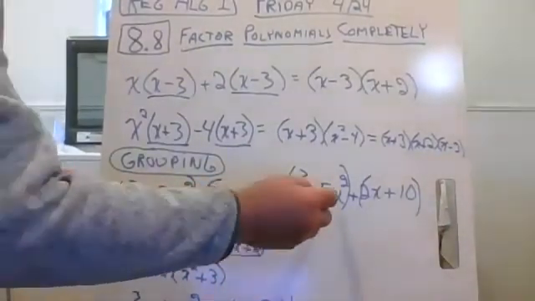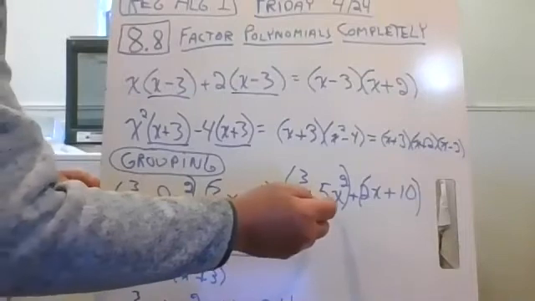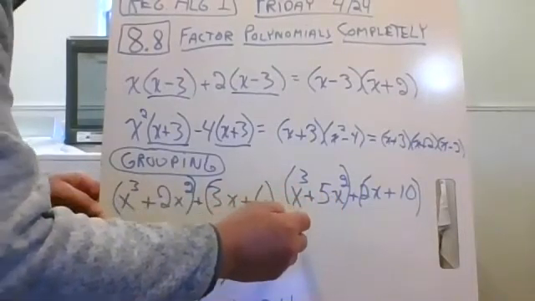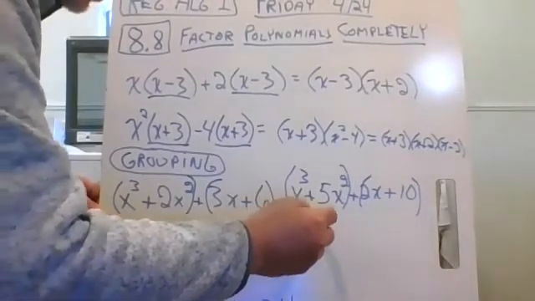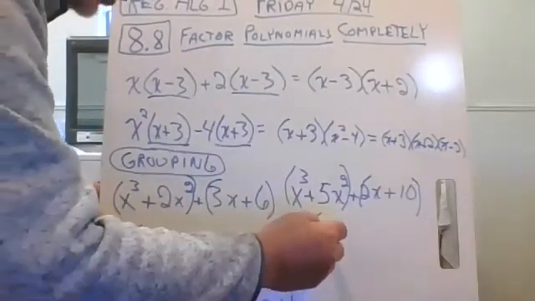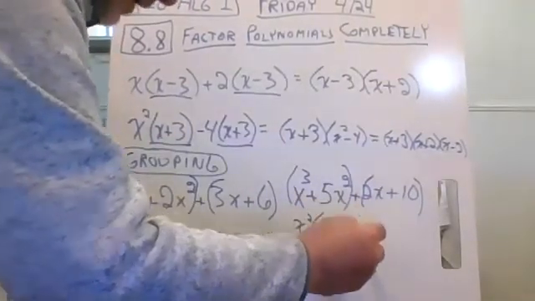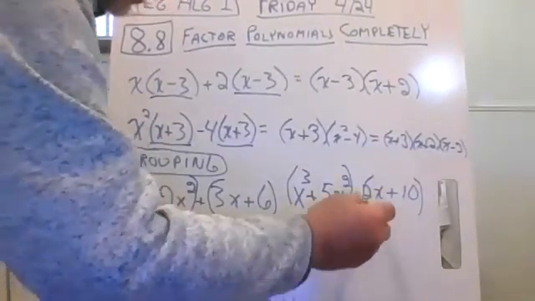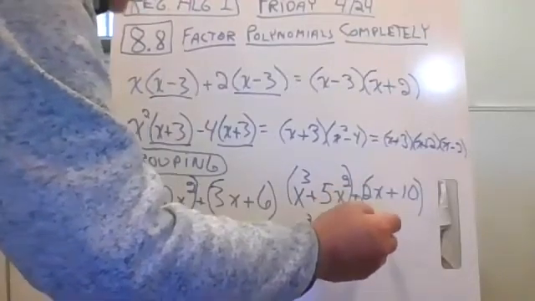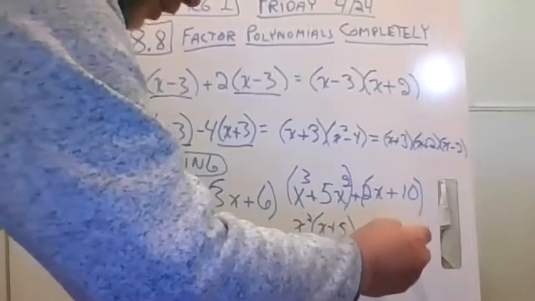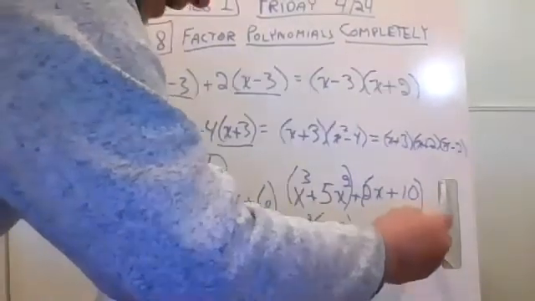We take the first 2, and again, you look for the GCF of these 2 terms, and it's x squared, and that leaves you with an x plus 5. And then plus 2x plus 10, 2 comes out and leaves you with x plus 5.